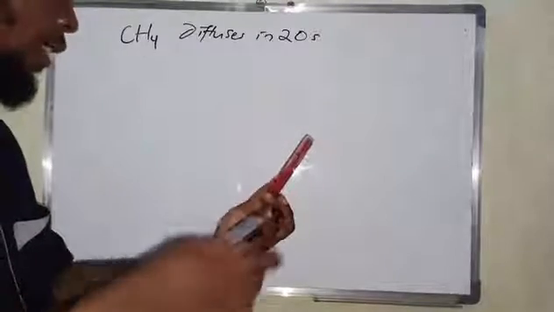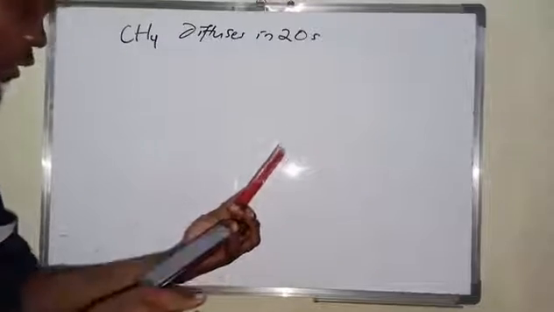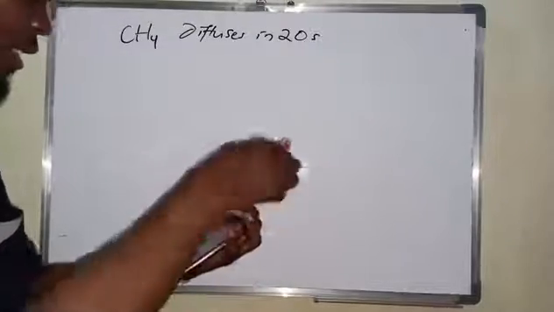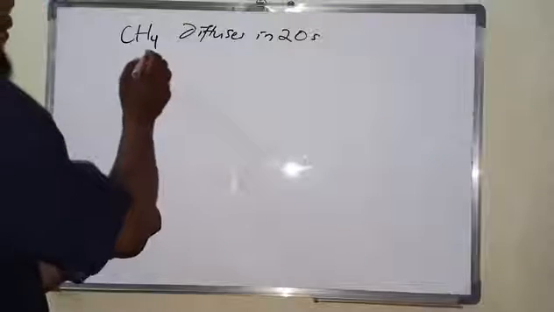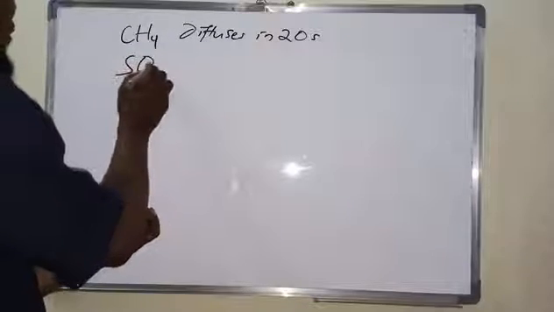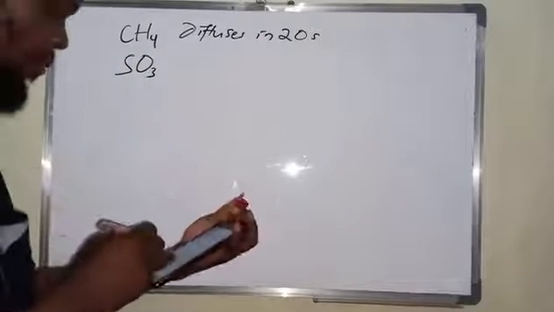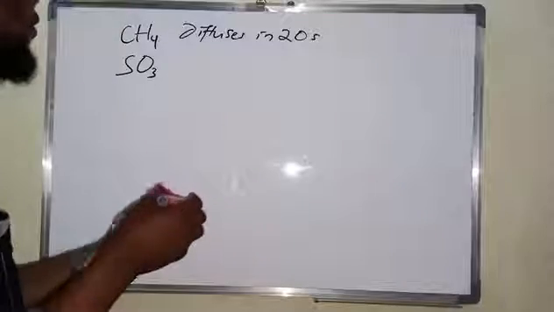Then how long will it take the same volume of sulfur six oxide to diffuse under the same condition?